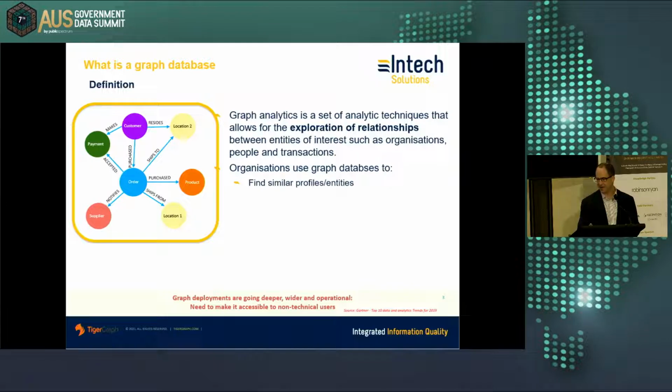Organisations use graph databases to find similar profiles or similar entities, to uncover hidden connections that are not obvious to them, and to recommend next best action. The recommendation of next best action could be, for example, Netflix. You watch a movie, and it sees what movies you go to and what you like.